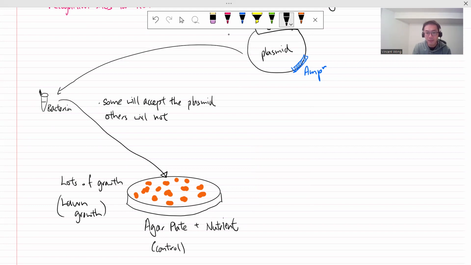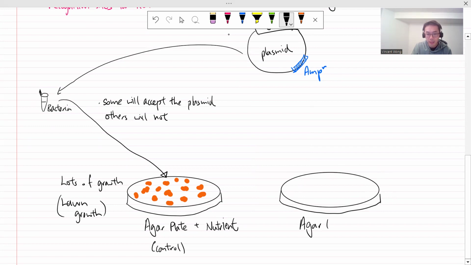So that's why I need to have another plate. There's another agar plate right here. There's another plate, and it's agar plate plus nutrients and also ampicillin.